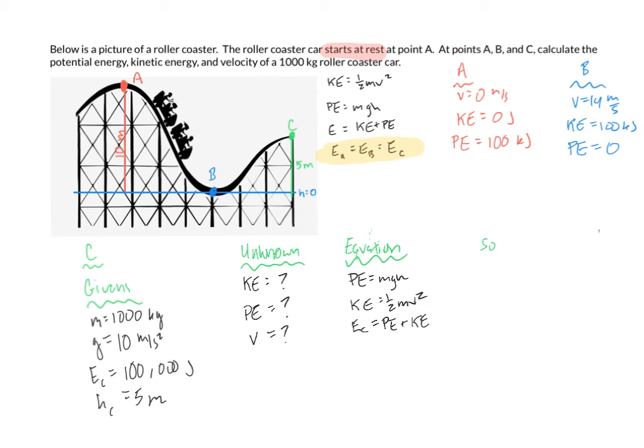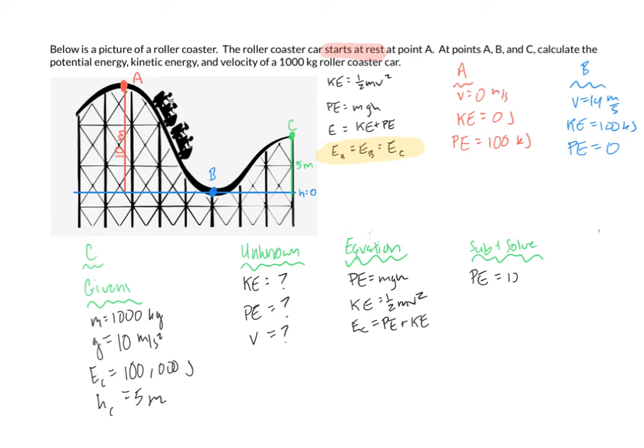And for my last set of things to do, I need to substitute and solve. So let's go ahead and do that. Sub and solve. I'm going to start, as always, by solving for my potential energy. The reason I'm doing this first is because that is the only kind of energy that I have all of my information for, so it's going to be the easiest thing to solve.